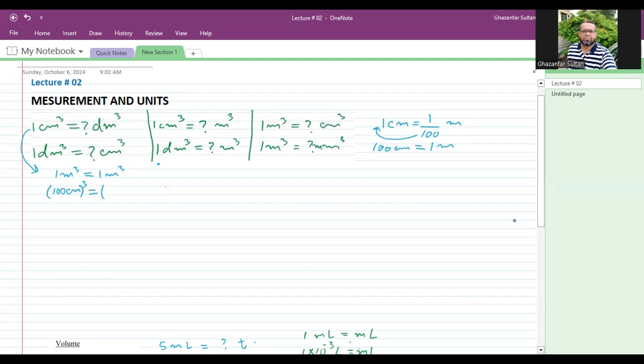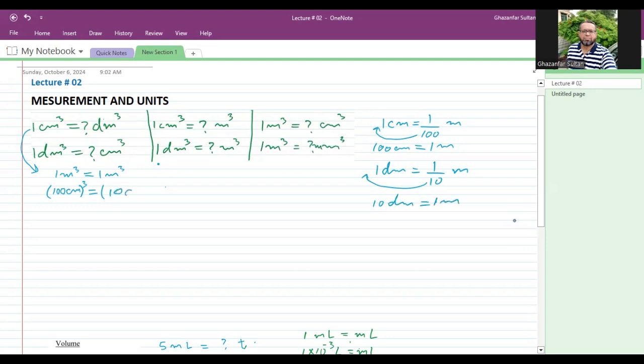Similarly here, 1 decimeter cube: deci means 1 upon 10, centi means 1 upon 100. So it is 1 upon 10 meter. Replace the d with 1 upon 10. Similarly here, you shift it, so it becomes 10 decimeter is equal to 1 meter.